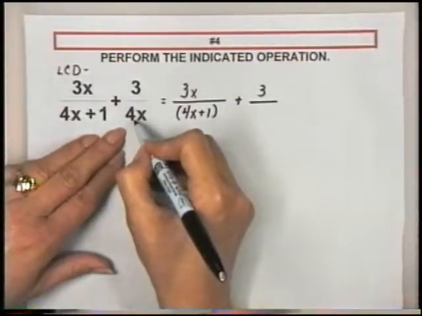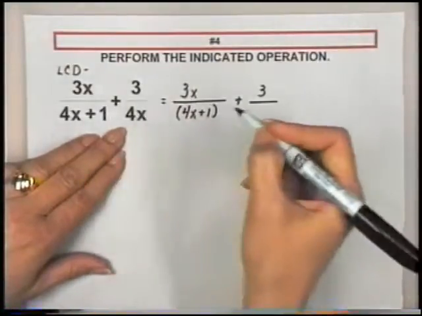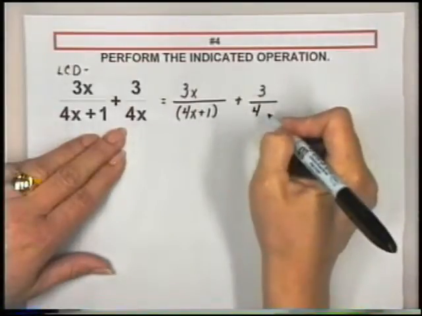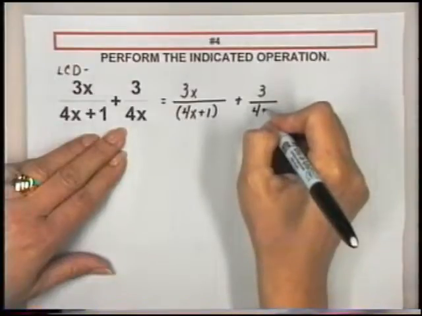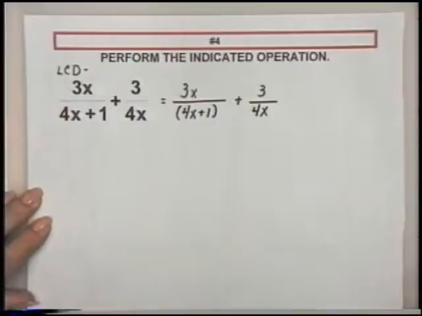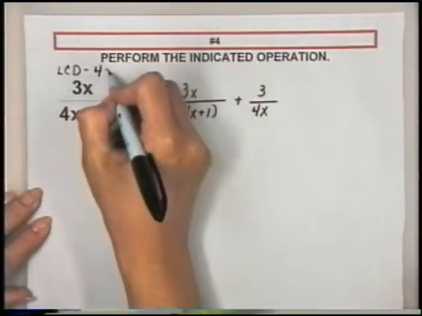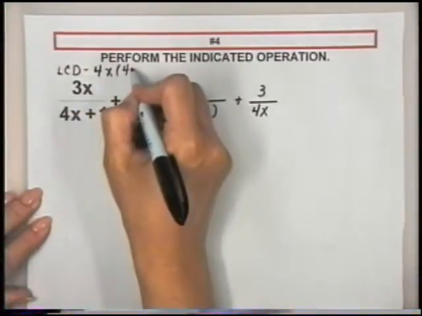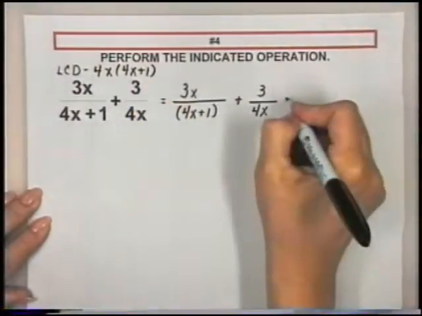When I look at the second denominator, 4 is a numerical factor, and if I want to, I can factor the 4 into its prime factors, but I would prefer just to leave a numerical factor as itself, so I will write it as 4, and then I will have a factor of x. So when I find the LCD, finding each different factor, I have a 4, I have an x, and I have a 4x plus 1.